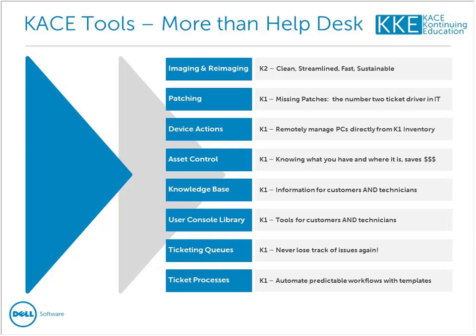So if we can have a clean, streamlined image that we can put on machines, right, then we're starting out fresh. We're starting out on the right foot with those machines being fast and usable. And then later on, when we have problems, and the problems aren't easily fixable on computers, sometimes a re-image is the most efficient way to get them back up and running fast, right?